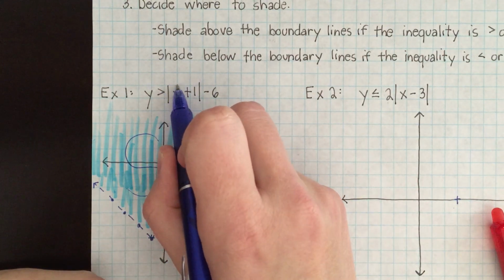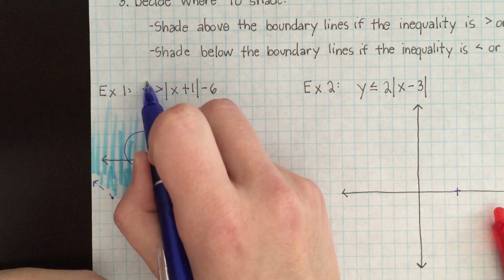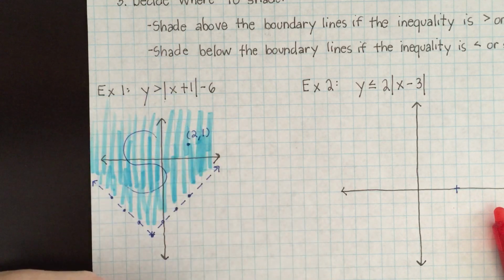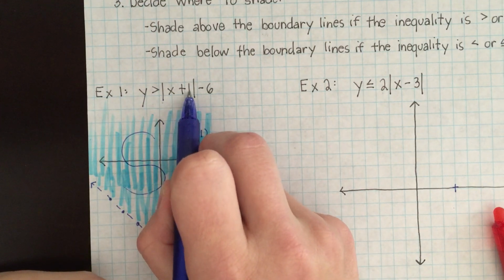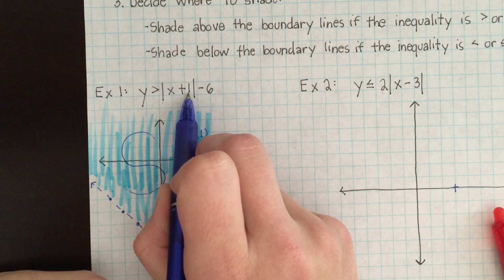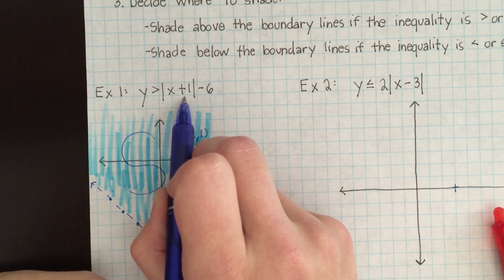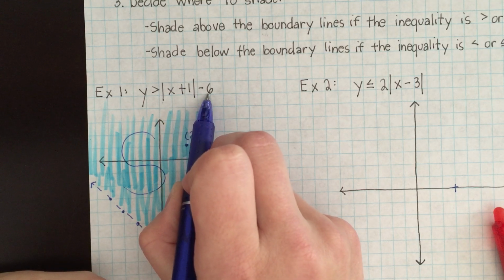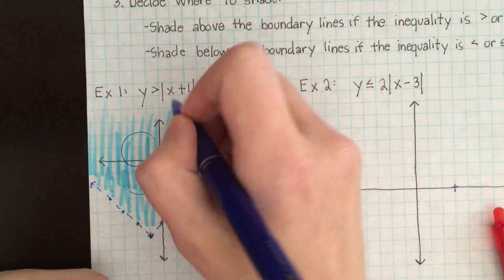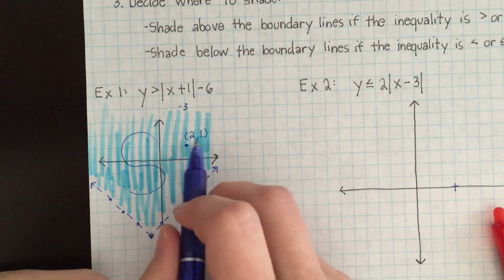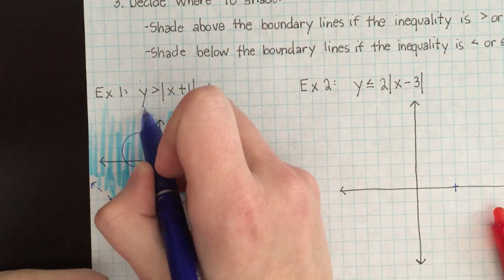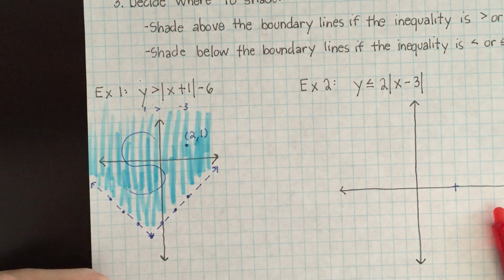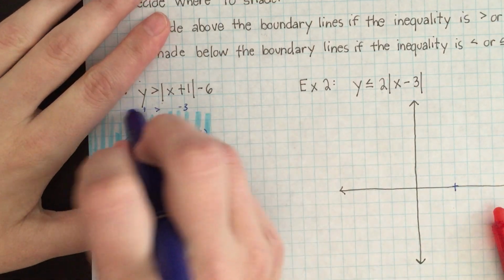If I plug in 2 for x here and 1 for y here, that will be a true statement. So 2 plus 1 is 3, and the absolute value of 3 is 3, and 3 minus 6 would be negative 3, right? And if I plug in 1 for y, is 1 greater than negative 3? Why, yes, it is. Okay, so that made a true statement.